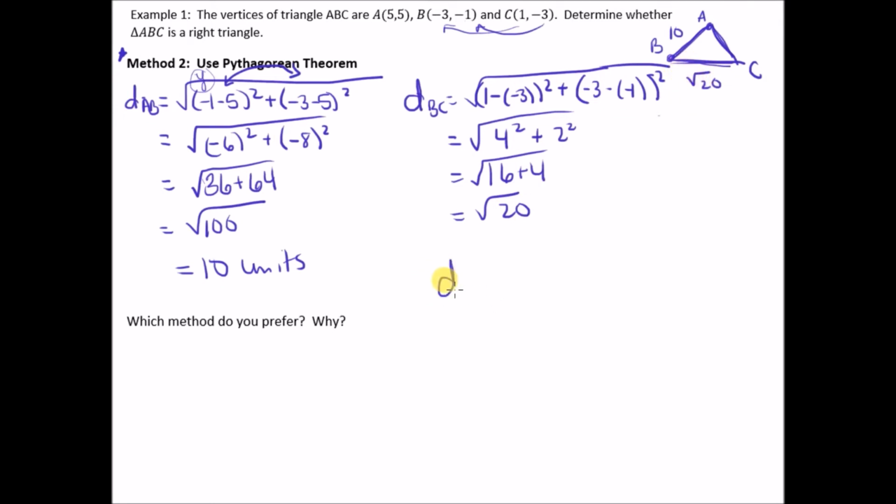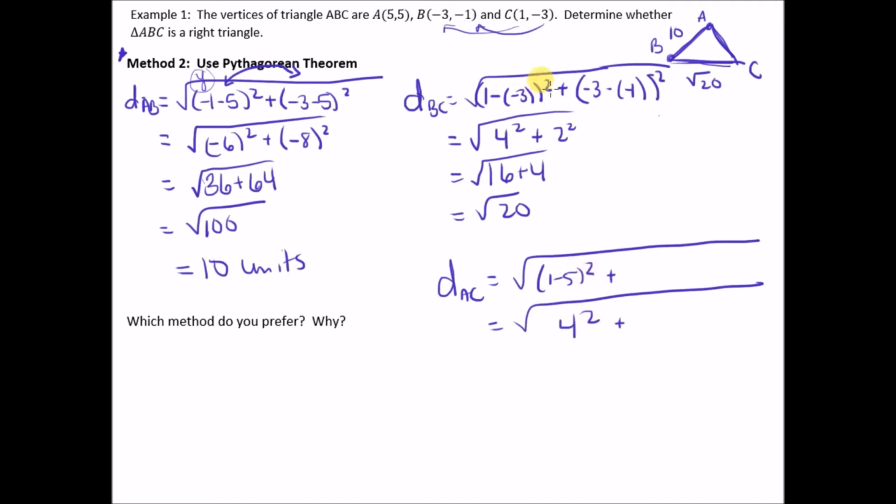And I'm going to leave it like that. I'm going to show you why. Okay, and now let's do AC. So we're going to subtract the C minus the A. So for the X's, 1 minus 5. And that's 4 squared. Okay, and then for the Y's, negative 3 minus 5.